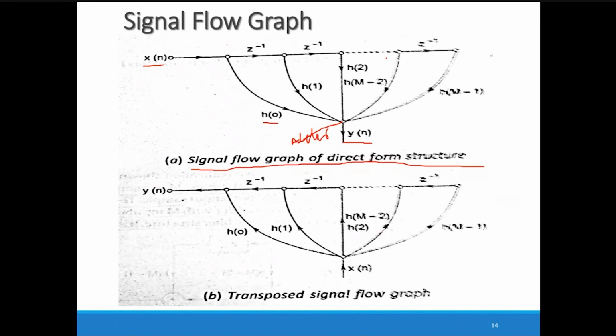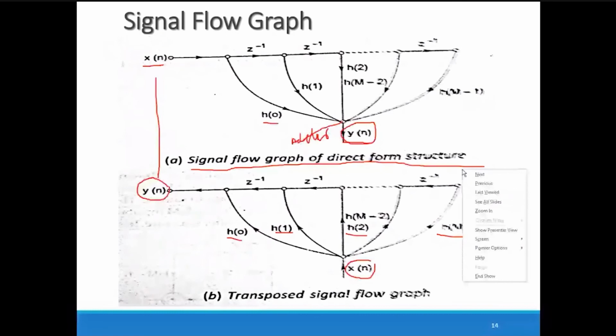All the filter coefficients keep the same value, only the direction of the branch transmittances is changed. Another change is that we have to replace the input and output. Here instead of x of n, you write y of n.